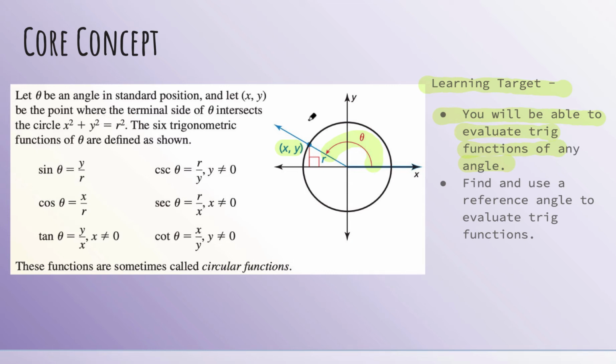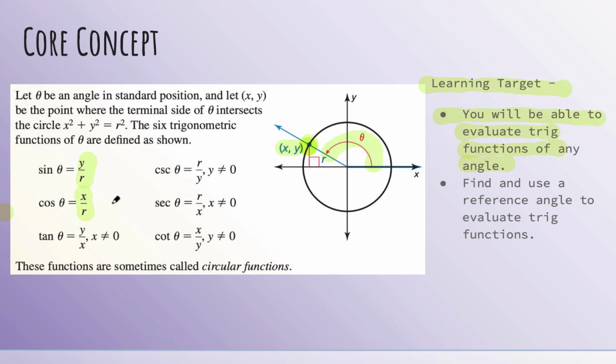If we think of the 6 trig functions associated with the angle theta, the sine function is going to be y divided by r. So it's the y value of this point on the terminal side of the angle, divided by the radius of the circle.